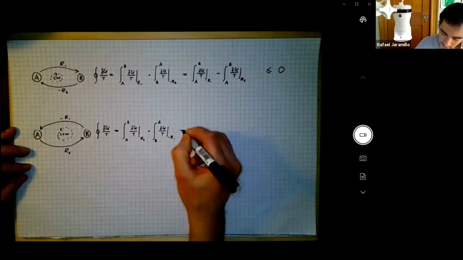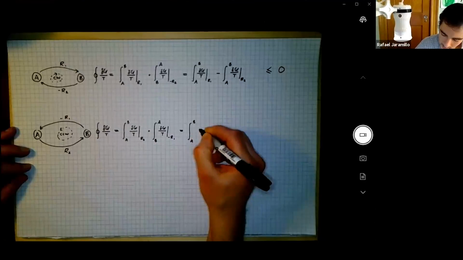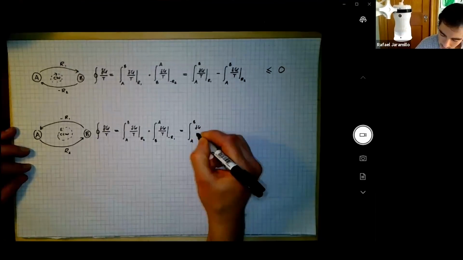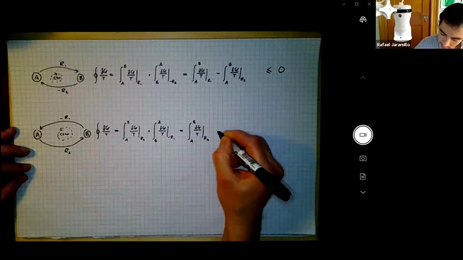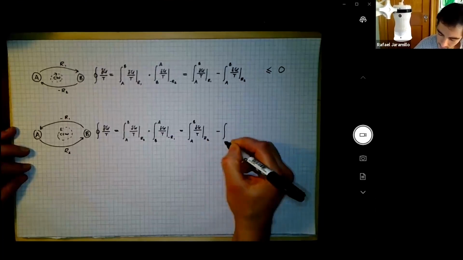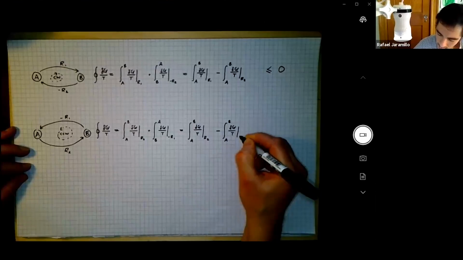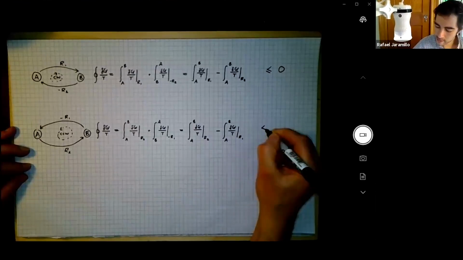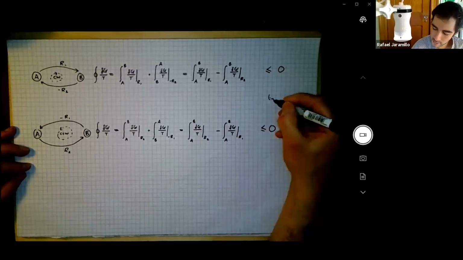And just as before, this is going to be the negative of taking path R1. And by Clausius' theorem, this is also less than or equal to 0. So these are by Clausius.